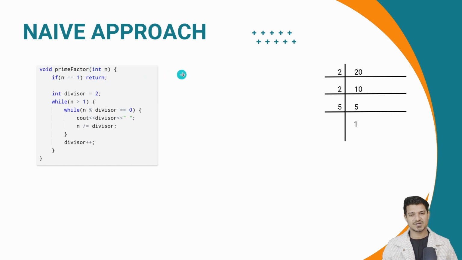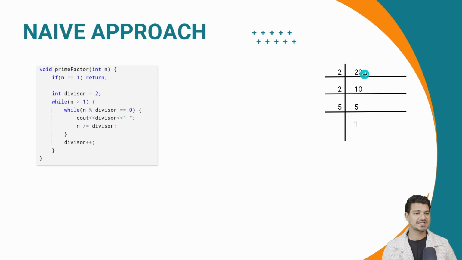Let's say you are given n. So if n is equal to 1, no prime factorization, just return. Besides that, start with 2. We are starting with 2, so the divisor is 2. And while n is greater than 1, keep on dividing n with the divisor as long as it is able to. So while n is divisible by the divisor, print the divisor and divide n by it.